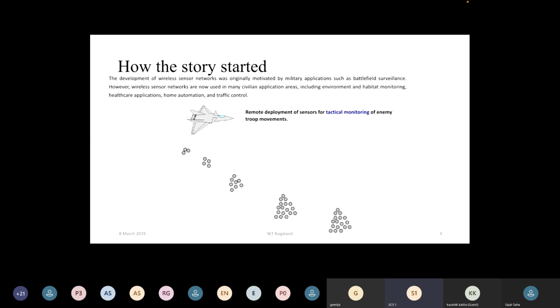They're spraying lots of sensors inside Mount Fuji to check the temperature and pressure, and if there are any abrupt changes in the temperature or pressure, it will be notified immediately. Okay, so those stories I have already told you.